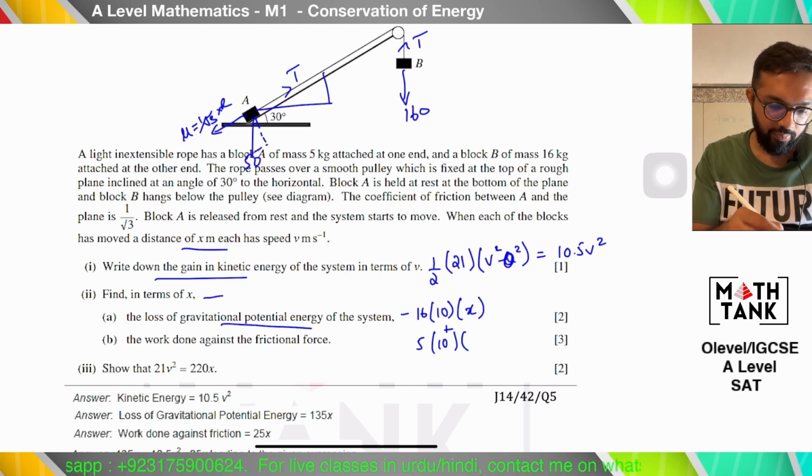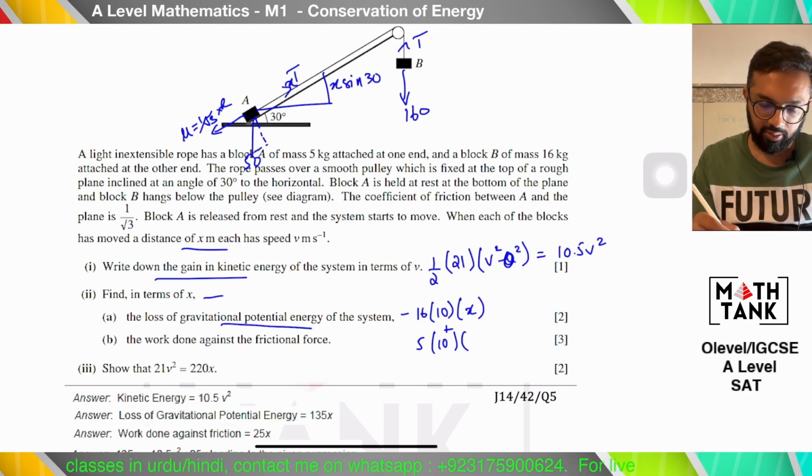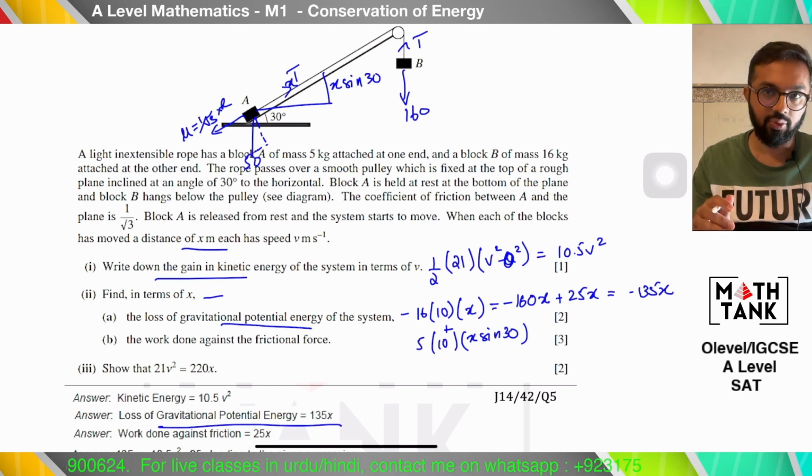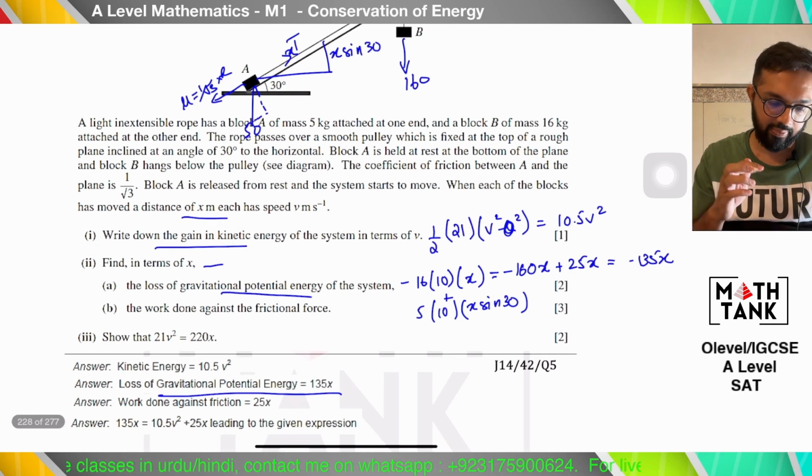It would have moved a distance of x sine theta. So I get minus 160x plus 25x. That gives me minus 135x. So a loss in gravitational potential energy of 135x.